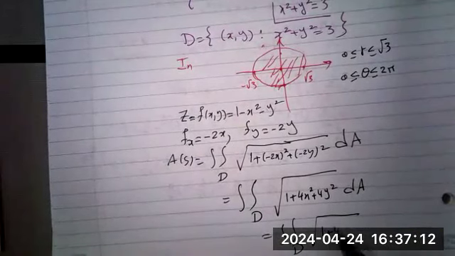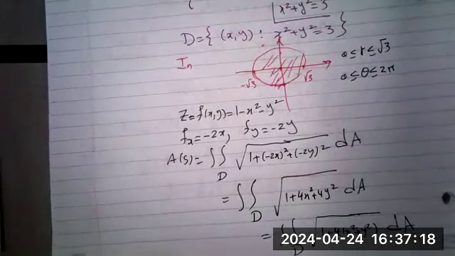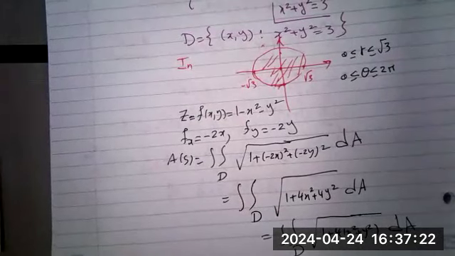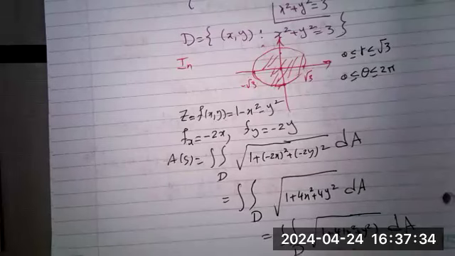So it's 1 plus 4 times (x squared plus y squared), dA. As you can see, this integral is not easy to do as is, so you have to change it to the polar form. You know the polar form: r between 0 and radical 3, theta between 0 and 2 pi. You have to change this function into the polar form. That's easy because x squared plus y squared is just r squared.